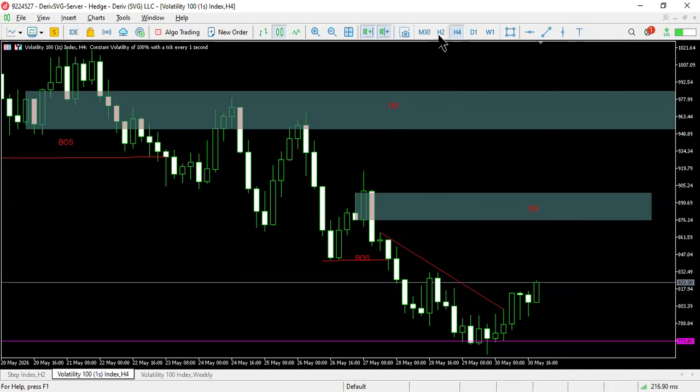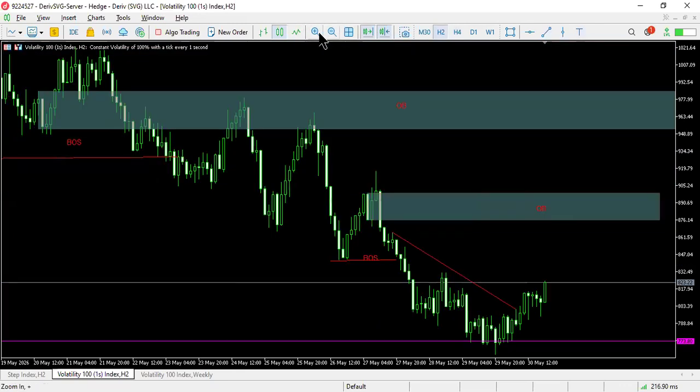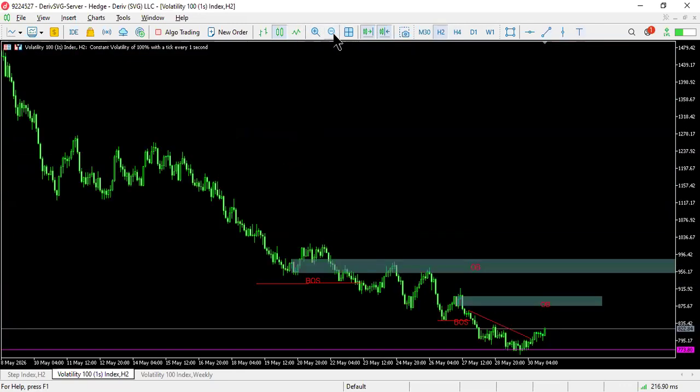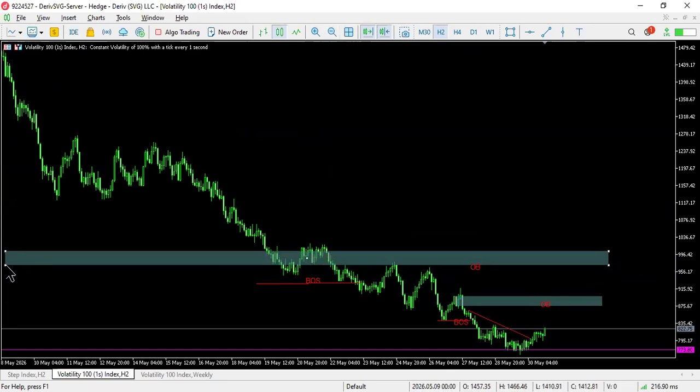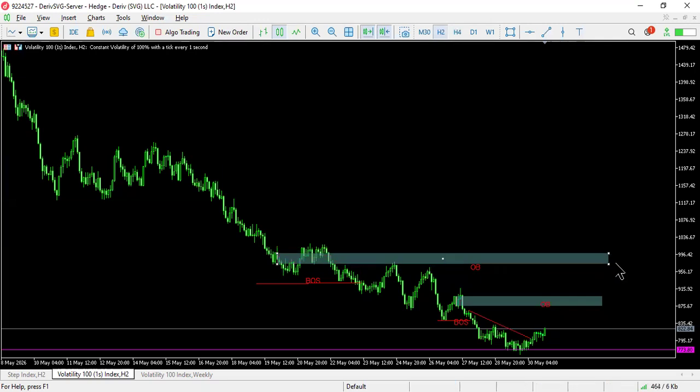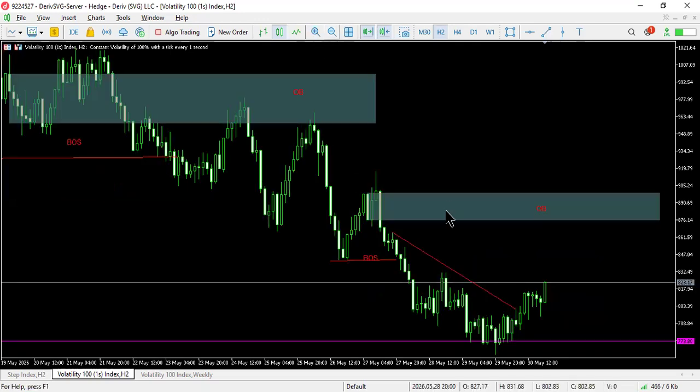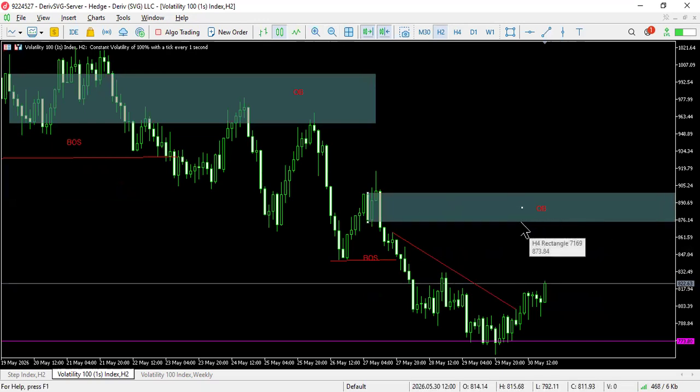Heading over to my entry time frame, which is the 2-hour time frame. From the 2-hour time frame, our order block is going to be at that level right there.